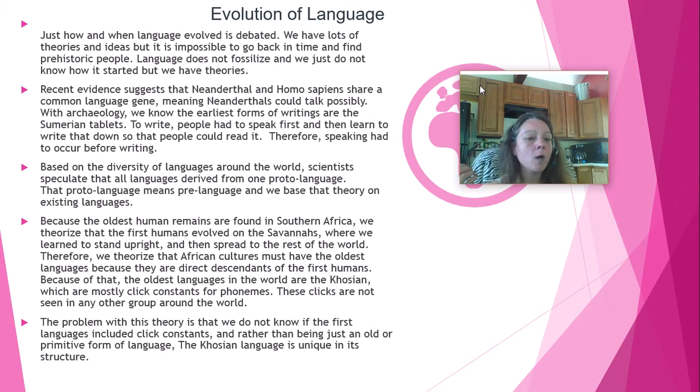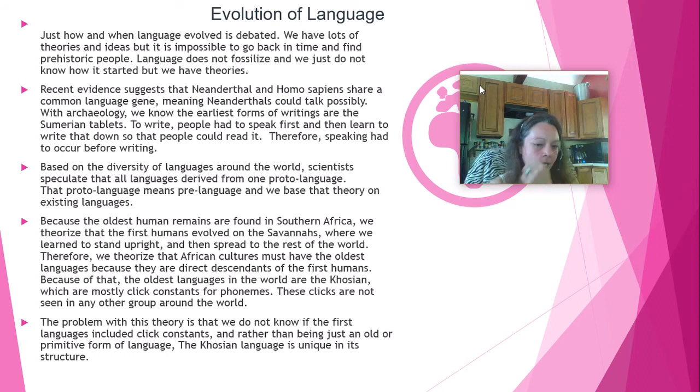And so, we evolved in the African plains and jungles there. We learned to walk upright. We moved out onto the savannas, and then we spread out onto the rest of the world. So because of that, we say that African cultures must have the oldest languages because they are direct descendants of those first human beings, right?